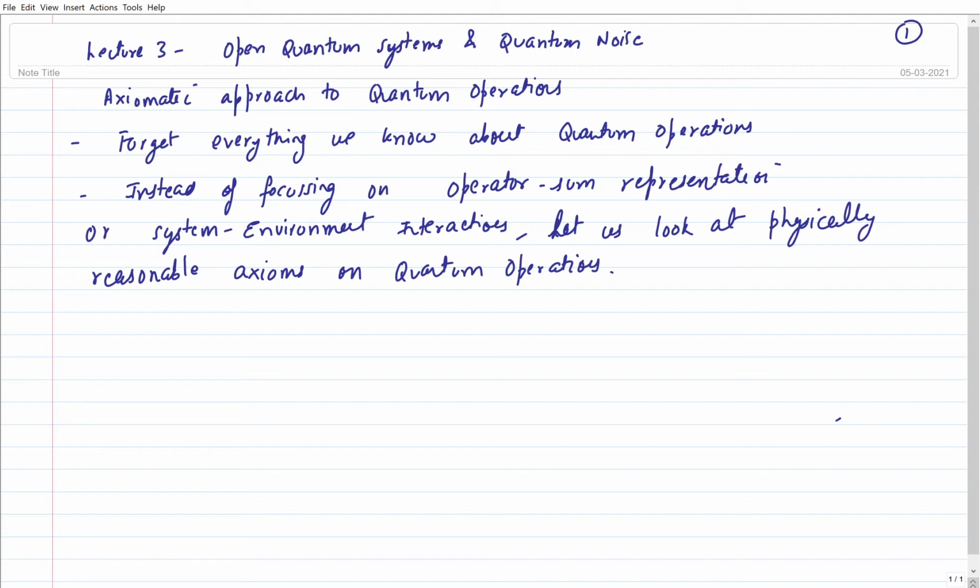So let's say I have the quantum operation on a system. So probably axiom 1 would be that it's a convex linear operation. That's what we demand.